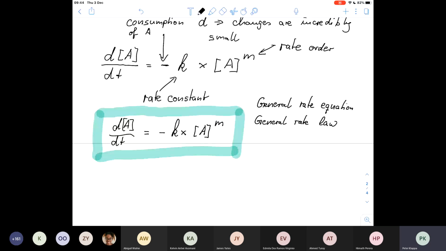What this general rate law indicates is just simply a mathematical expression, or mathematical equation, describing the rate of a reaction.